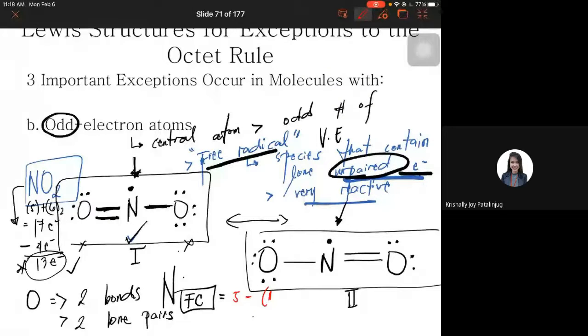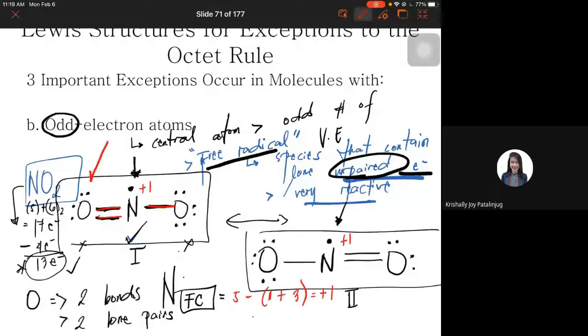And does it have a number of bonds? Yes, three. So 5 minus 4, that's a positive 1. So the nitrogen in both structure 1 and structure 2 carries a positive 1 charge.